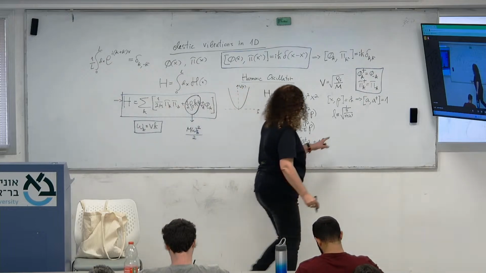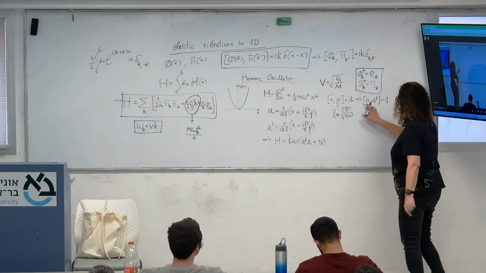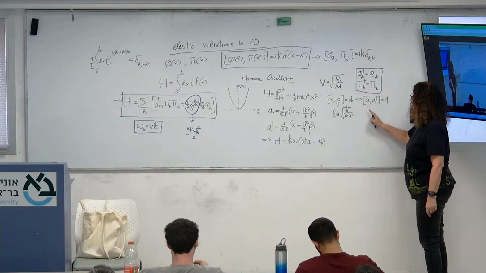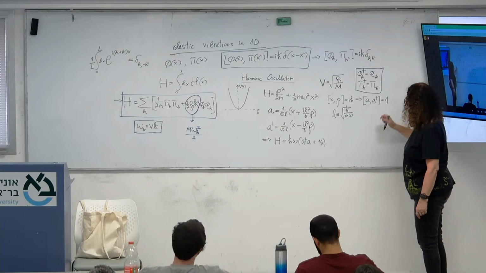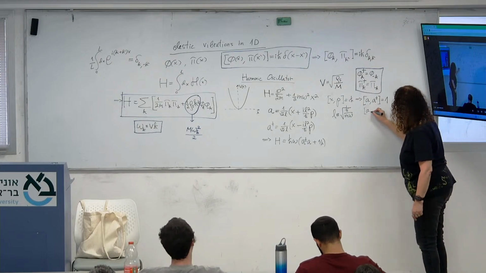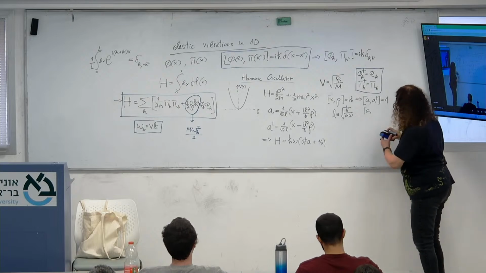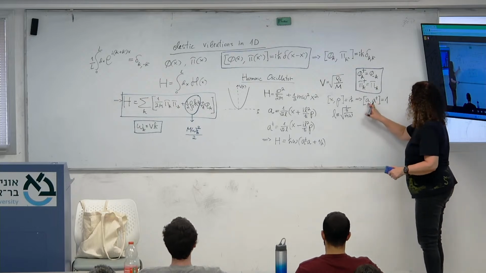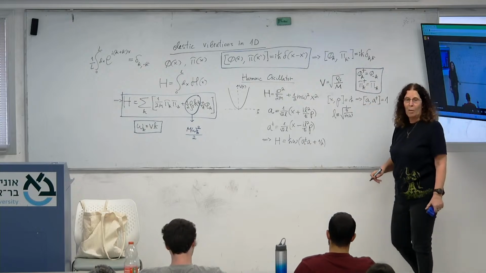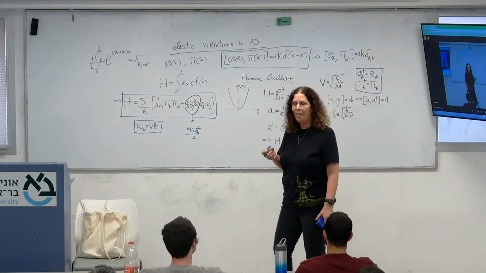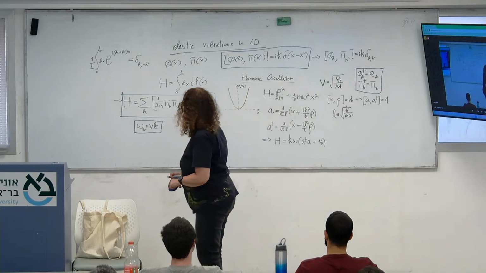So there is an algebra here of these operators A. A and A dagger are non-commutative, and on the right-hand side is 1. And of course A commutes with itself, and A dagger commutes with itself. I don't even have to write it. But when you have more than one A, you have to keep track of it.